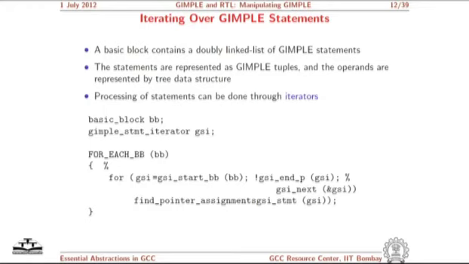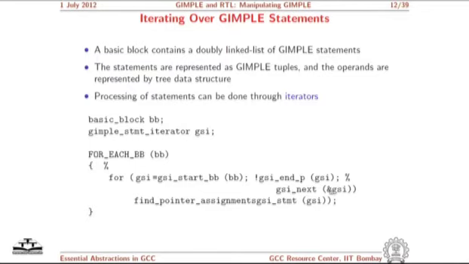So I say gsi = gsi_start_bb(bb). This API gives me the first statement of the bb, and until I reach the end, I say, so this is like a for loop.